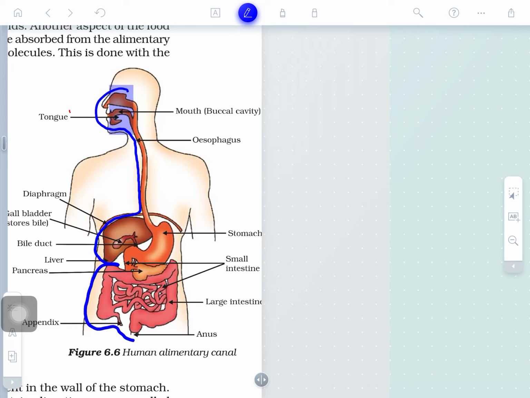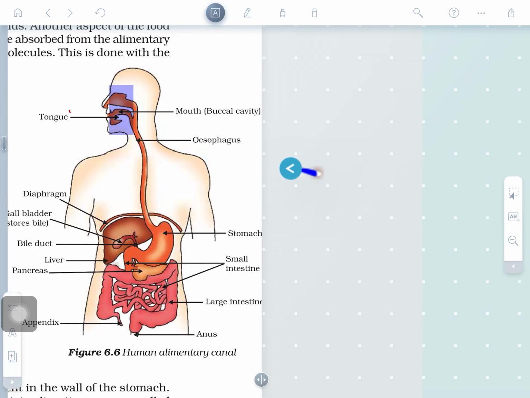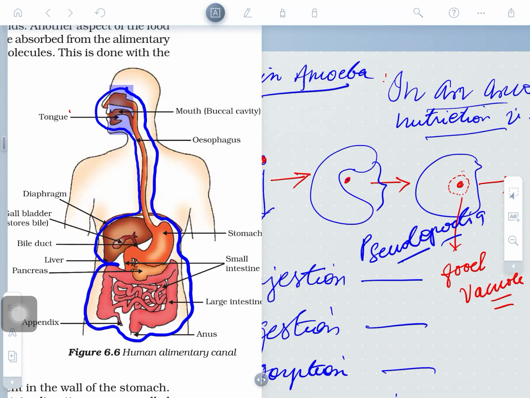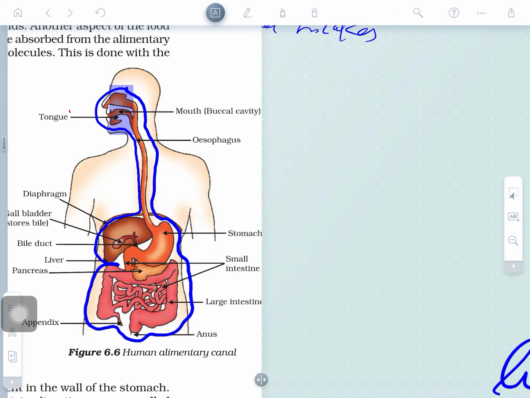Liver should not come here. Yeah, this is your alimentary canal. So we just have drawn here the alimentary canal. You just need to draw here the alimentary canal.